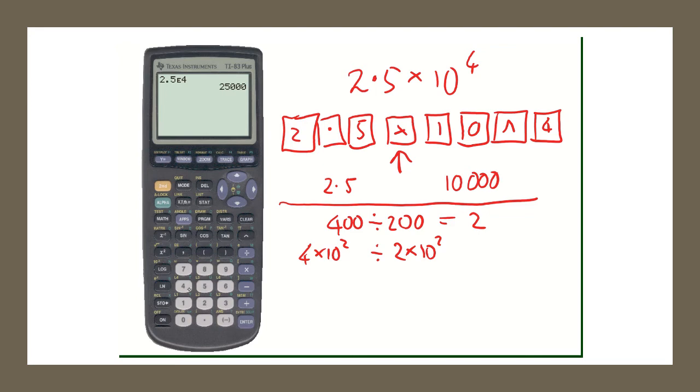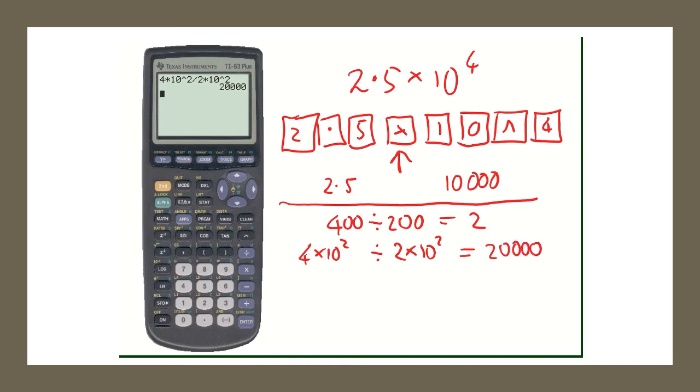I'm going to clear my calculator, and 400, 4 times 10 to the power of 2. And then I divide by 2 times 10 to the power of 2. And the answer the calculator gives me is the wrong one, 20,000.